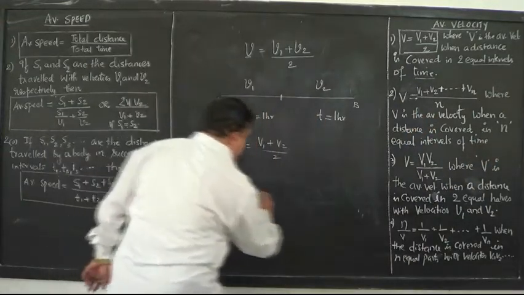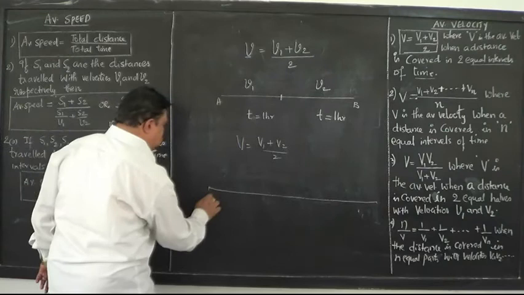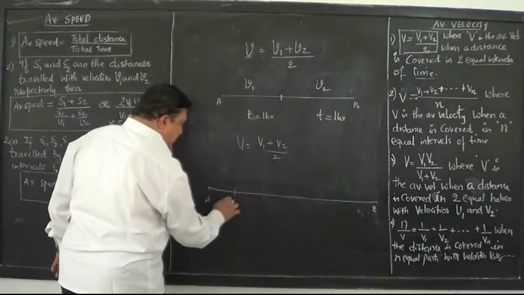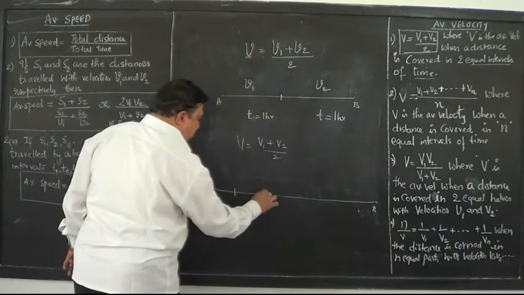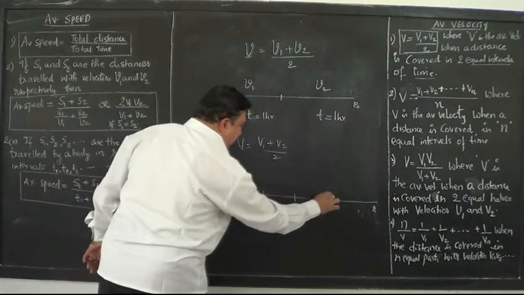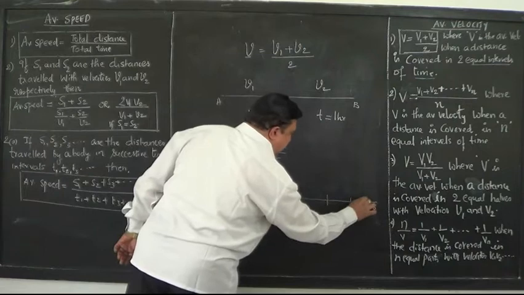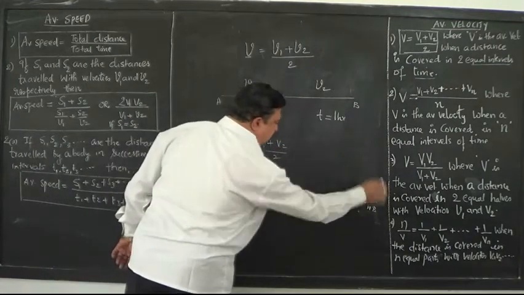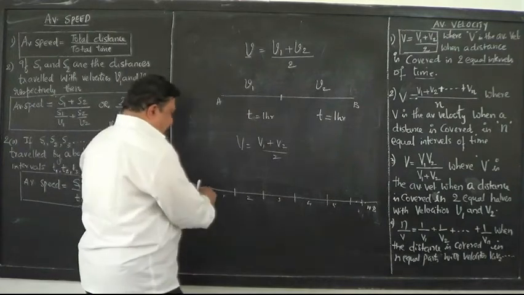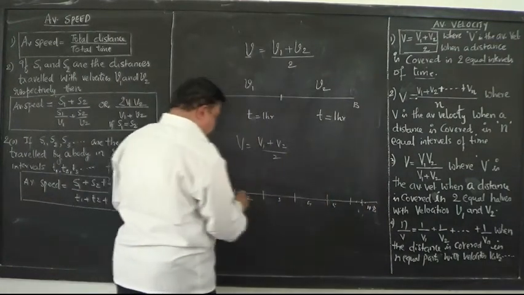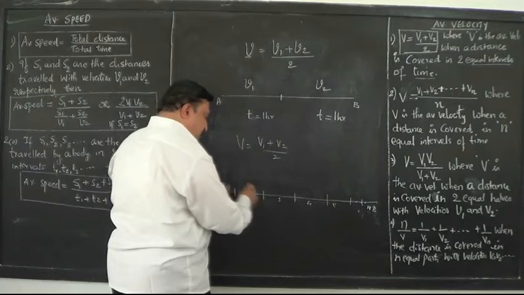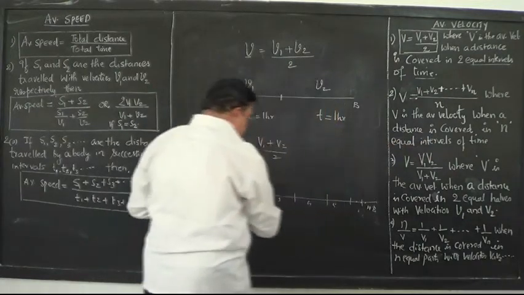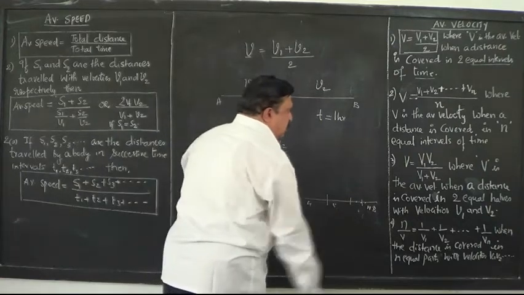Supposing we cover the distance between A to B in n number of equal intervals: first, second, third, fourth, fifth, etc., and this is the nth one. So the entire distance from A to B is covered in such a way that it is divided into n number of equal intervals.